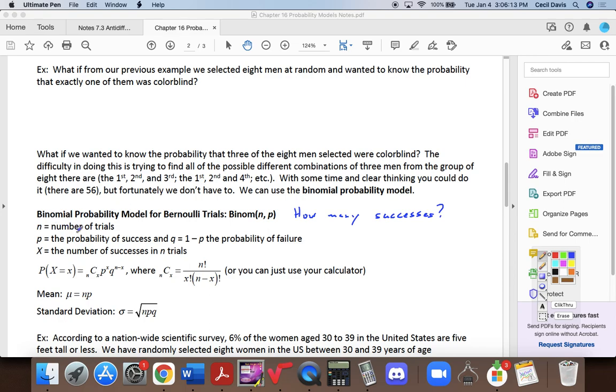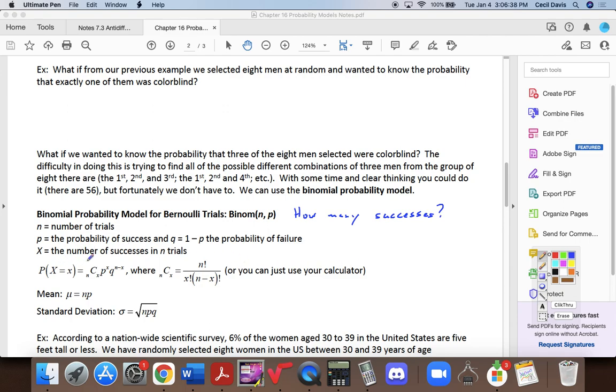So here, n is going to be the number of trials. With a geometric, you never know how many you're going to need until you get a success. Here, you've got this many trials. You get this many chances, how many are you going to get? The probability of success is still P, and Q is still the probability of failure, 1 minus P.